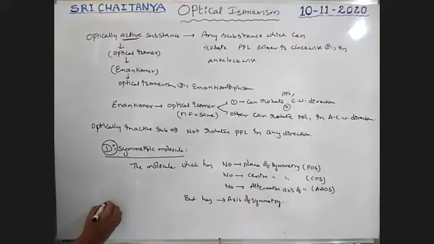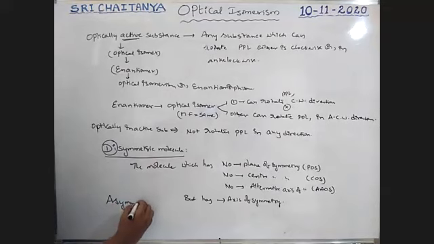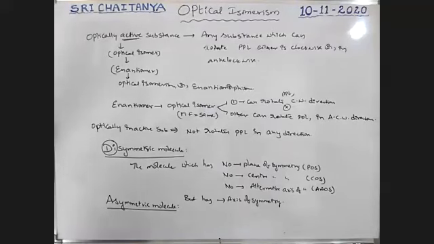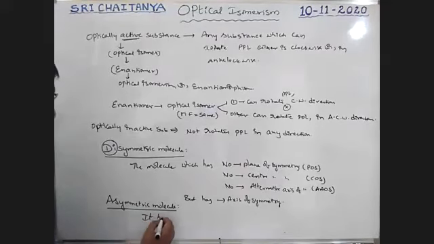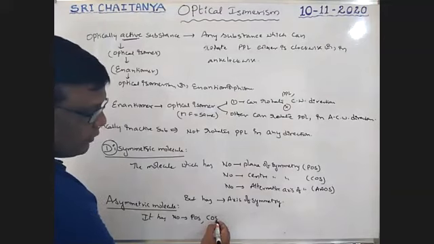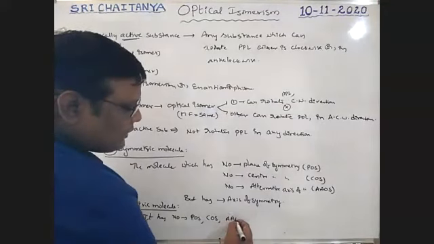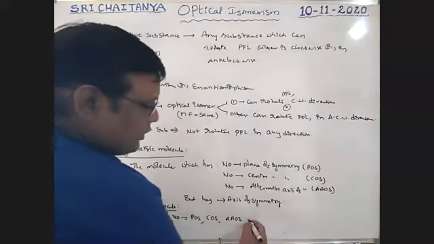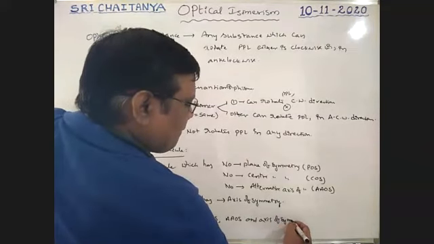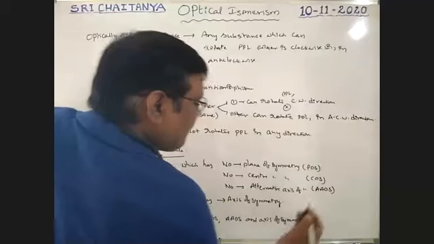Next, asymmetric molecule. What is this asymmetric molecule? It has no plane of symmetry, no center of symmetry, no alternating axis of symmetry, and no axis of symmetry.